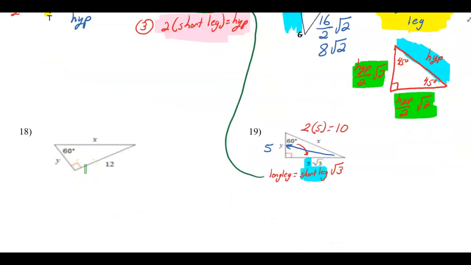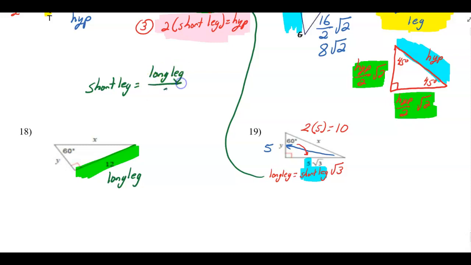So now let's take a look at problem number 18. If you look at problem number 18, the 12 is the long leg. But notice it does not have the square root of 3 like problem number 19. In problem number 19, since we are told the long leg is 5 root 3, the short leg is the number in front of the root 3, or 5. In class, we learned if you don't have a square root of 3 on the long leg, the short leg, so this is the formula we learned, was equal to the long leg divided by 3 times the square root of 3.